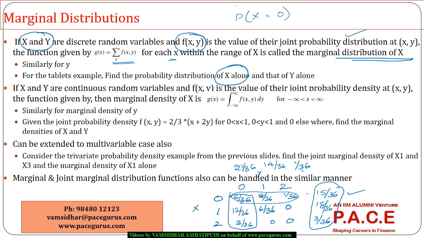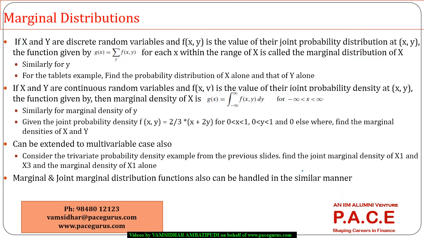Alright. Then, if I go ahead with the continuous case, if x and y are continuous random variables, f of xy is the value of their joint probability density function at x and y. We are talking about the marginal density of x, where you are integrating across all the y.